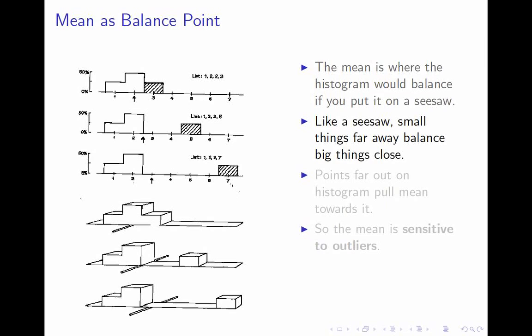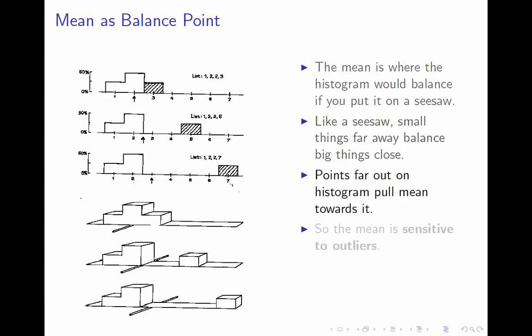Once again, if you look down at the bottom half of the screen, that is indeed the balance point. You see that moving that one value larger moved the mean up with it. It pulled the mean towards it. And if you move even further out, 1, two 2s, and a 7, the mean is now 3. And once again, that makes sense as the balance point.